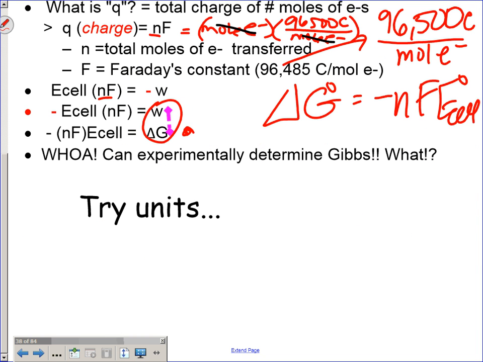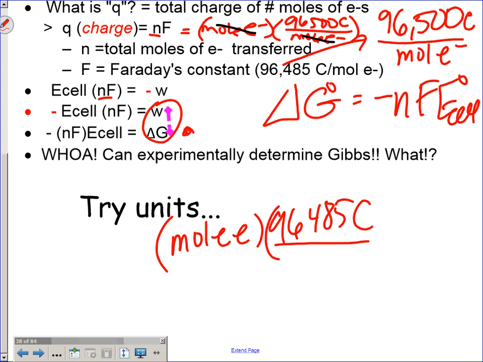Let's do a quick math units check. What's the unit for N? Moles of electrons. What's the unit for F? 96.5 kilocoulombs per mole, okay. And then what's E cell?